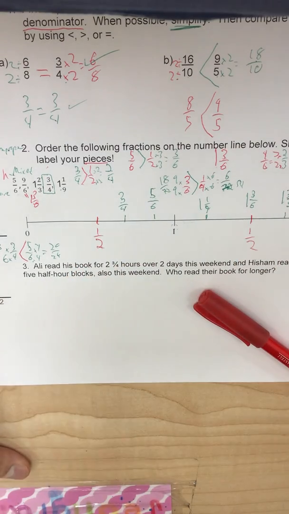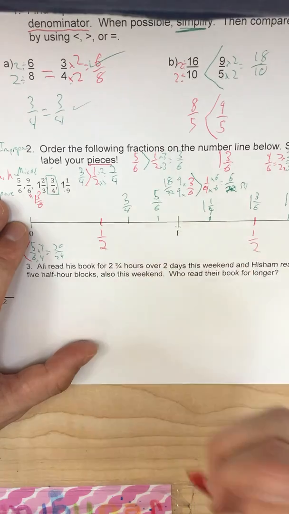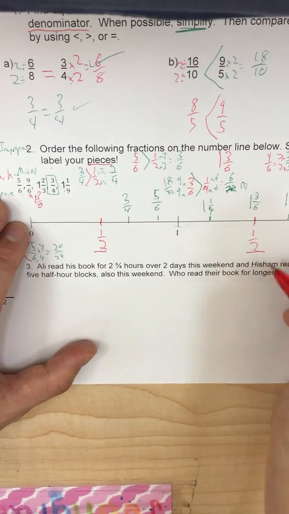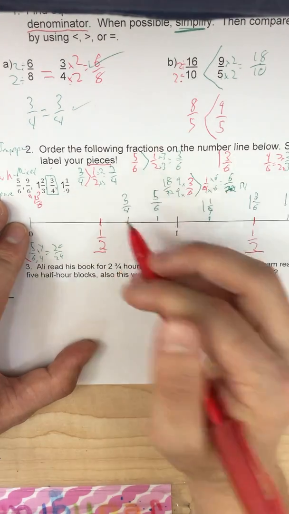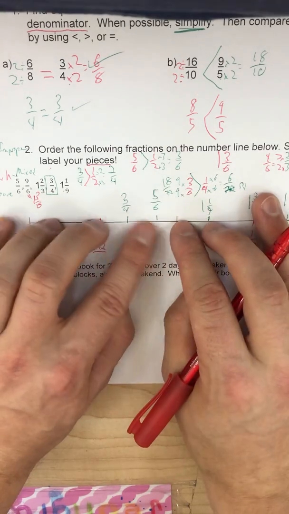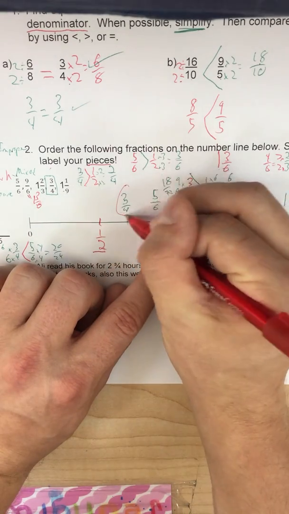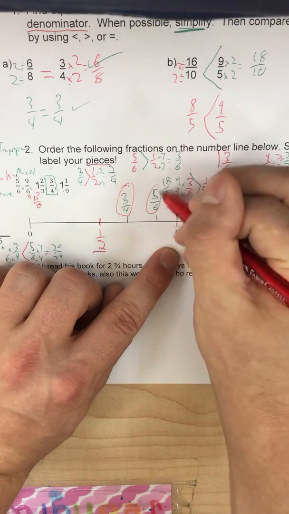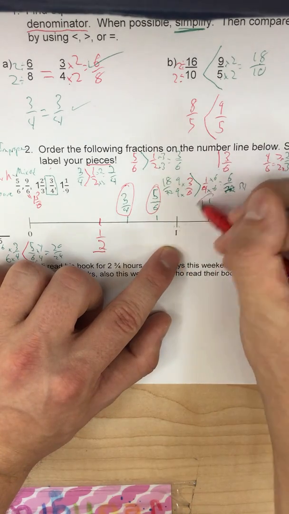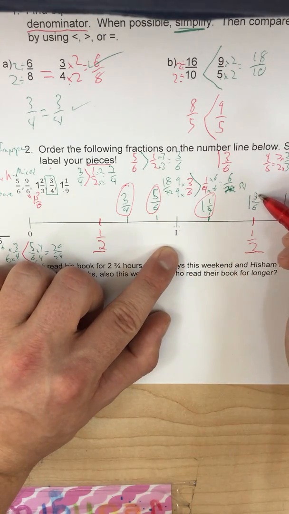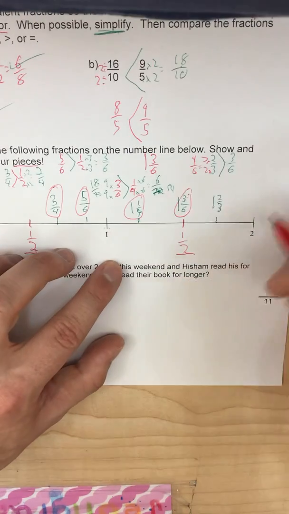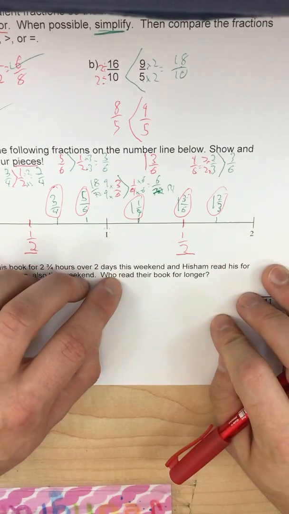What you should have at the end of this then is a labeled section, right? And you should have clearly on this side, over towards the 1/2, 3/4, 5/6, 1 and 1/9, 9 over 6, and 1 and 2/3.